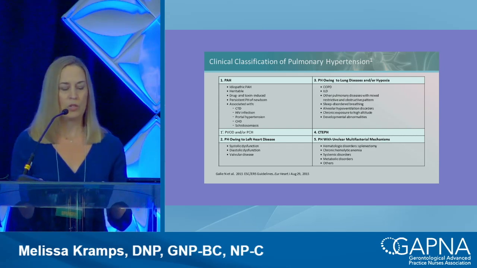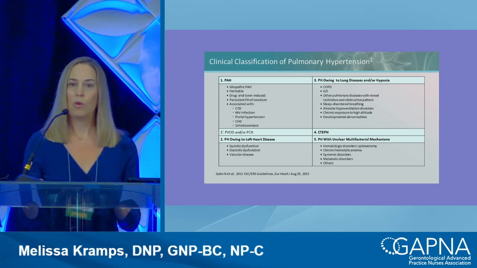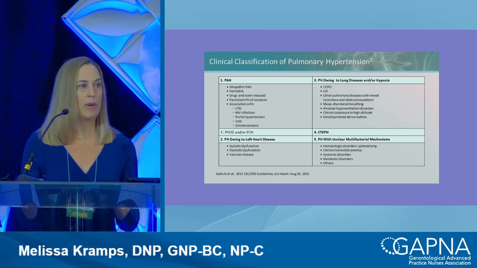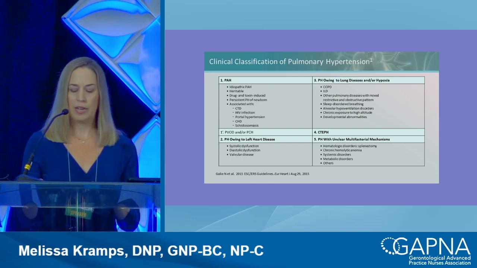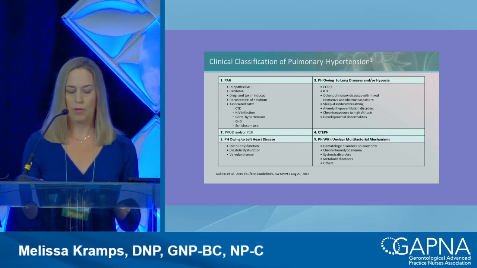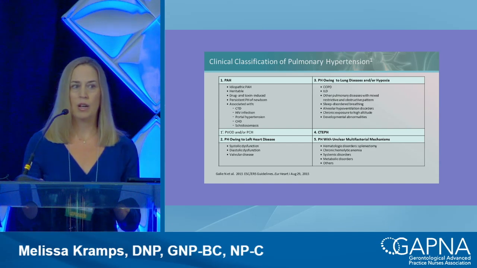These are our patients with severe emphysema or interstitial lung disease, or people with untreated severe sleep apnea. Group 3 patients may have precapillary hemodynamics, but the pathology is not a primary vasculopathy. Rather, damage to the lung tissue causes damage to the pulmonary vasculature, or hypoxia causes vasoconstriction of the pulmonary vasculature.